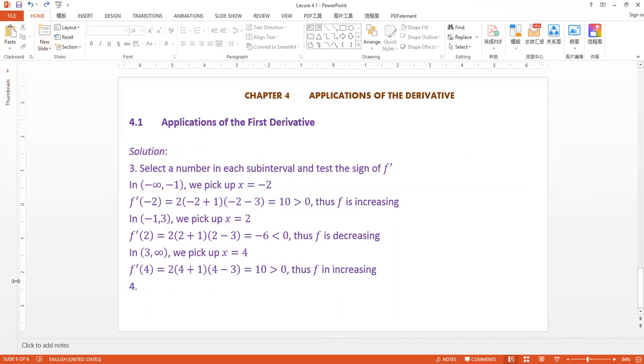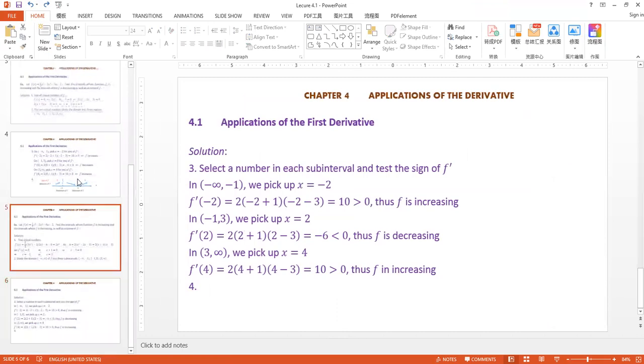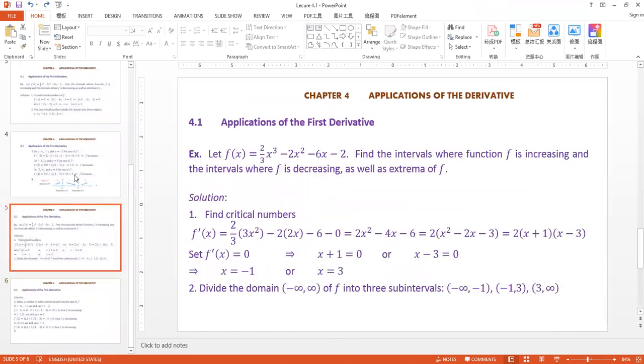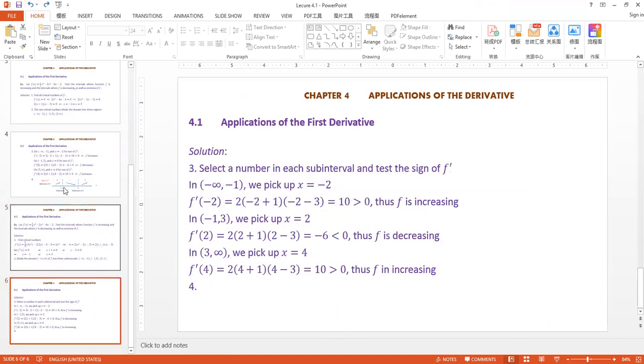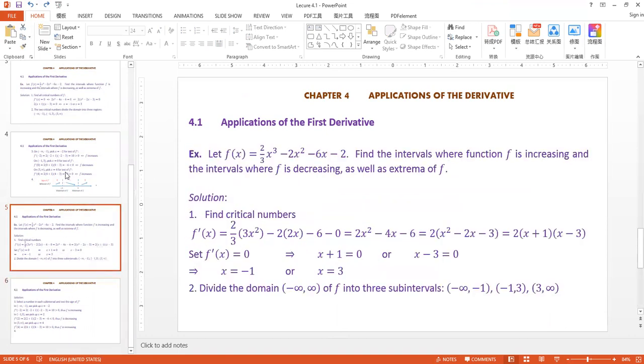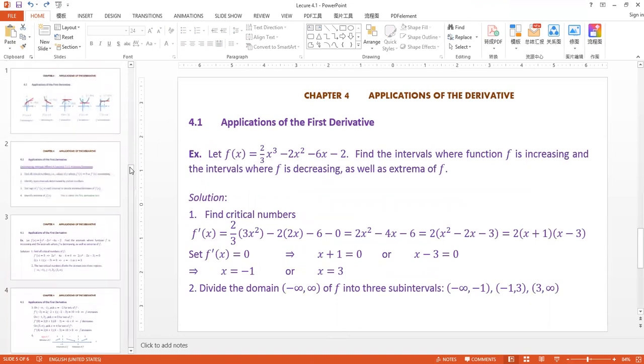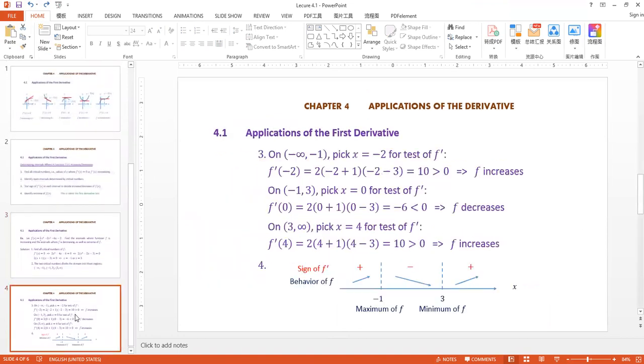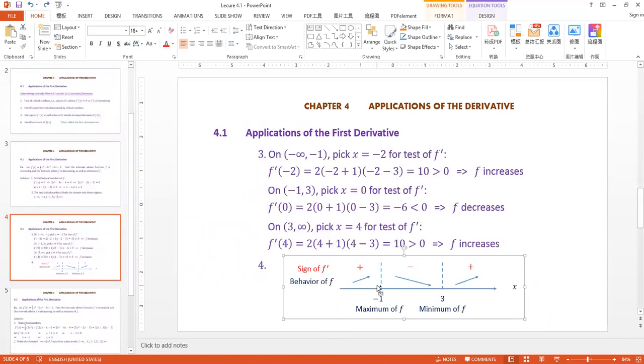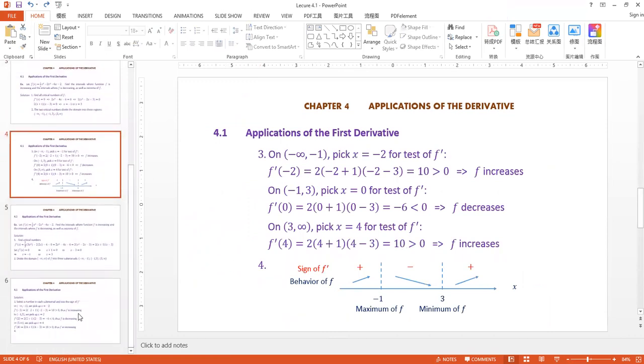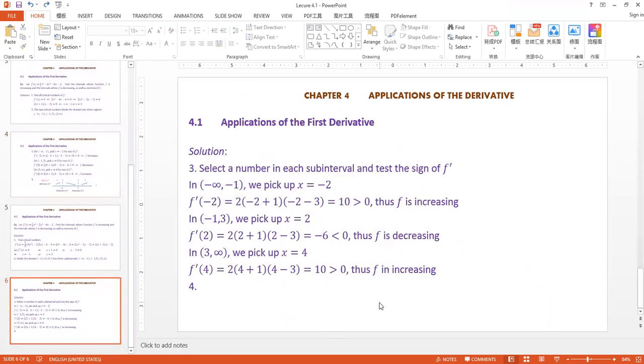So let me just show you the diagram. It's here. Okay, so paste it here.